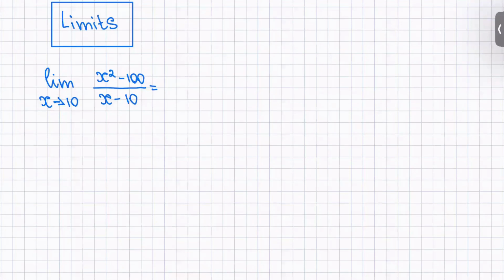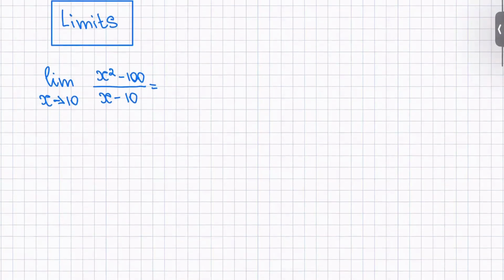First of all, I think it would be nice to analyze a little bit what kind of limit we have here. What I would suggest is a direct plugging. Whenever we do a direct plugging of the value 10 that x is approaching, we will see what nature this limit, and in particular this function, has.